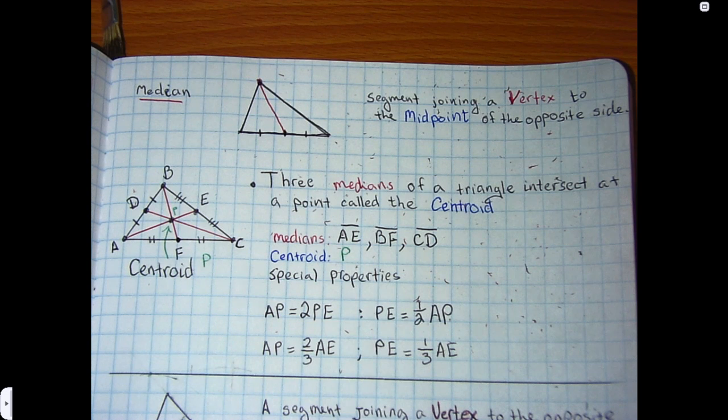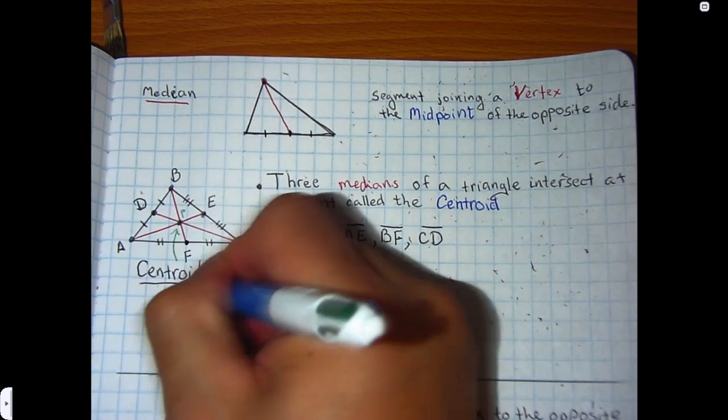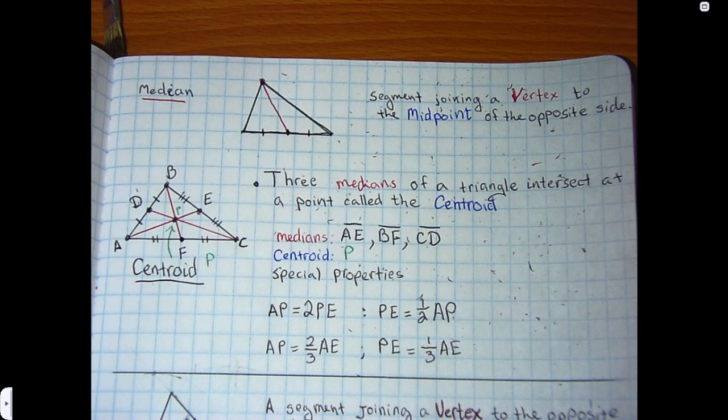That is, the longer segment after the centroid is always going to be twice the length of the shorter segment. So that's a fact that we can use for the practice and homework.